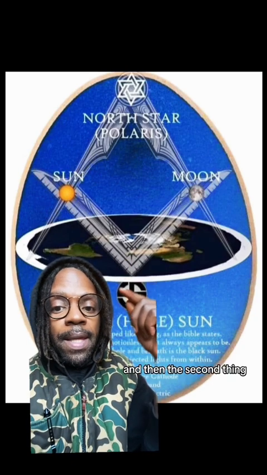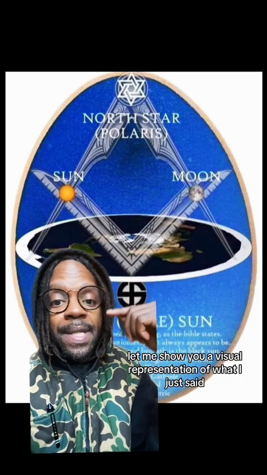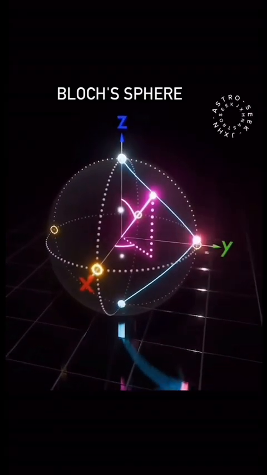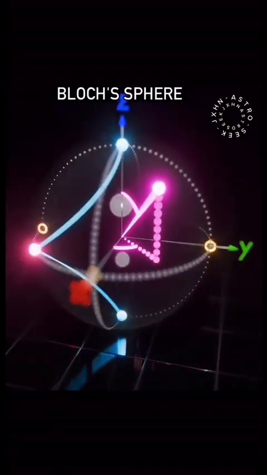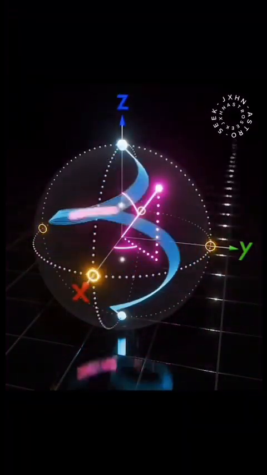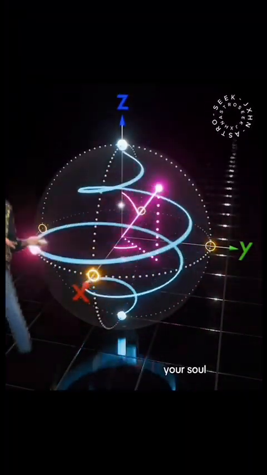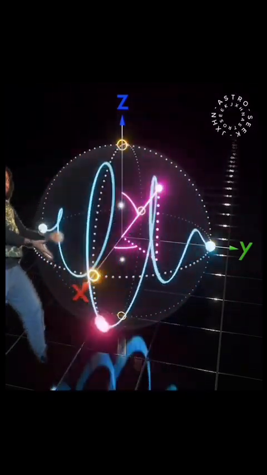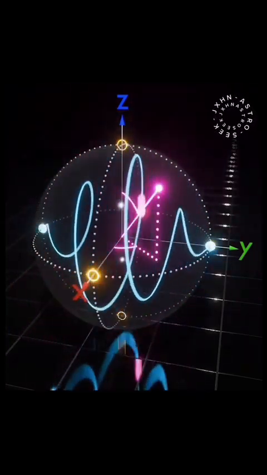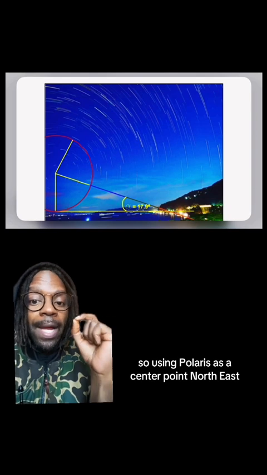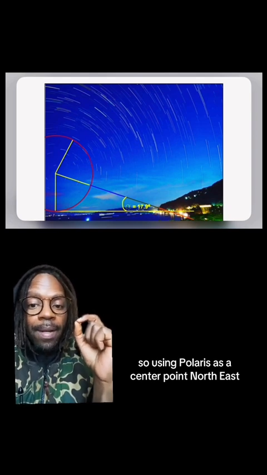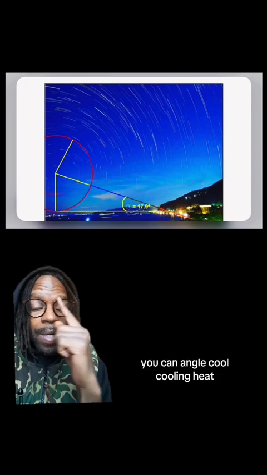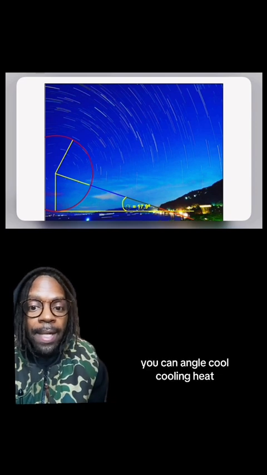And then the second thing, let me show you a visual representation of what I just said. So using Polaris as a center point, north, east, west, south, you can angle cooling, heat.